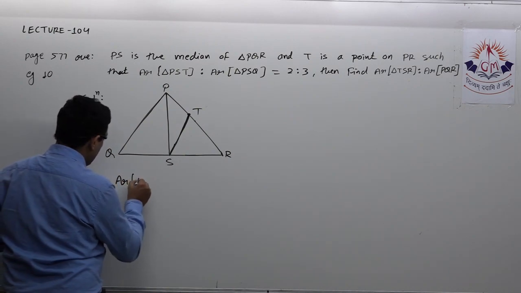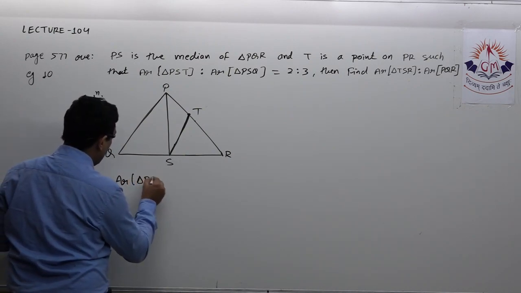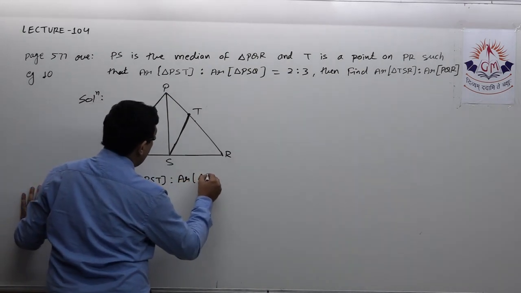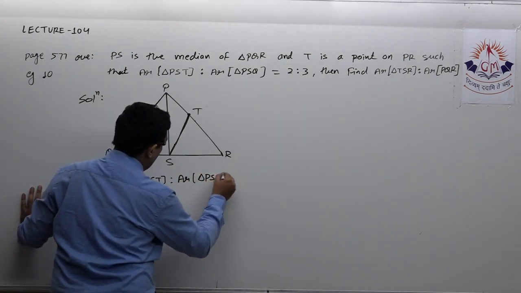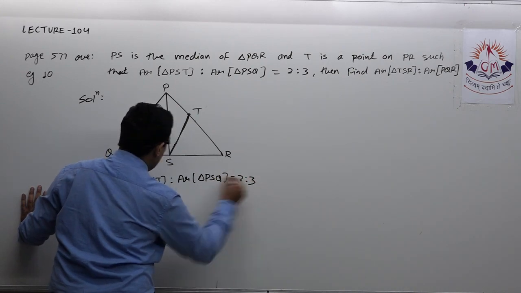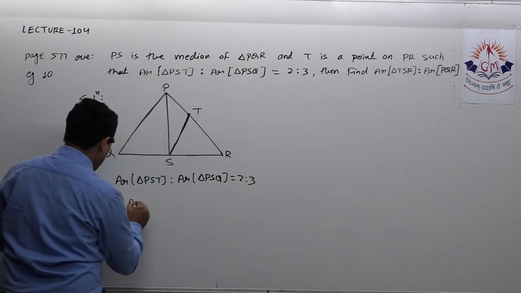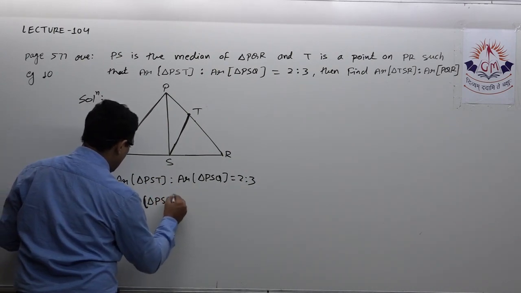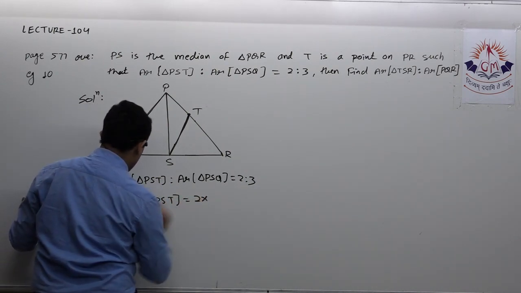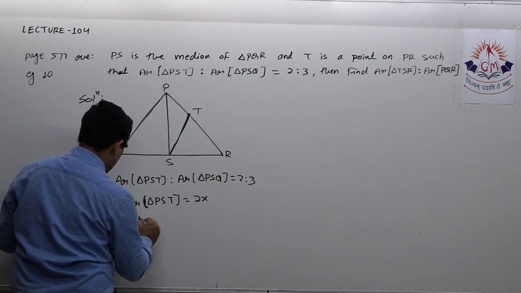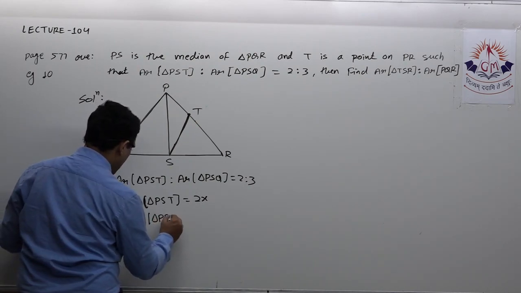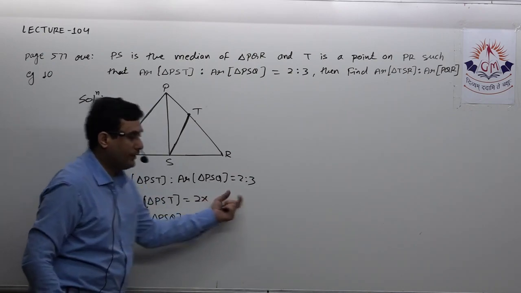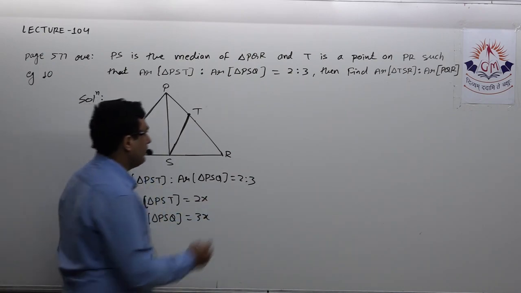Area of triangle PST is to area of triangle PSQ is equal to 2 is to 3. Therefore, I can write area of triangle PST is equal to 2x, and area of triangle PSQ is equal to 3x. Whenever we have the ratio, we can take the values in this way.